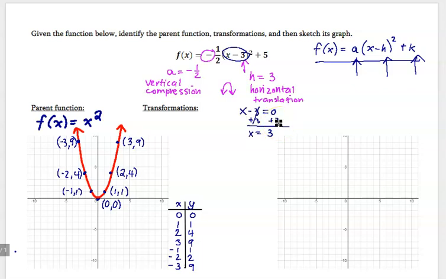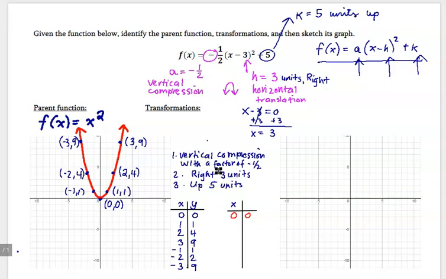So our x is really equal to +3, meaning we're going to have a translation of 3 units to the right. And here we have a vertical translation of 5 units up. So writing down all the transformations, we have vertical compression with a factor of -1/2, right 3 units, and up 5 units.